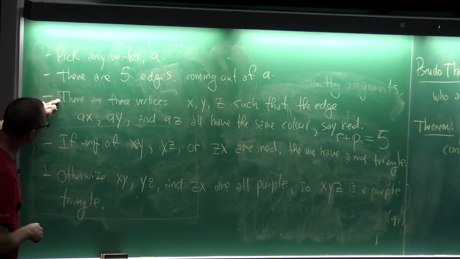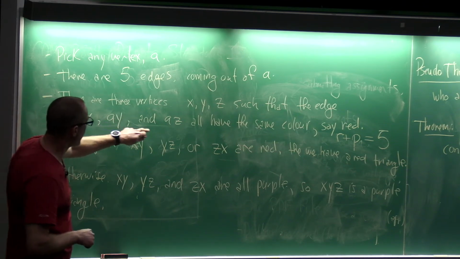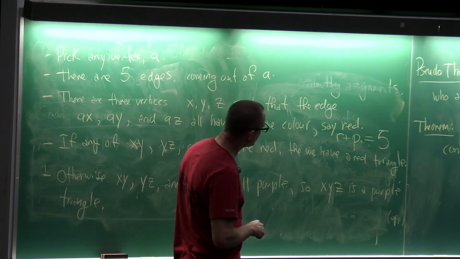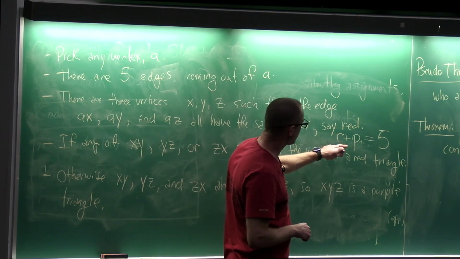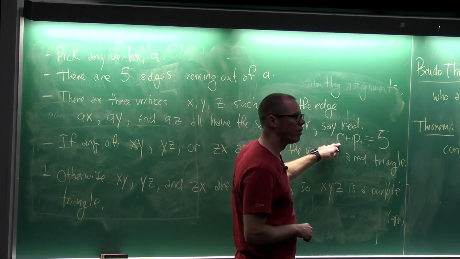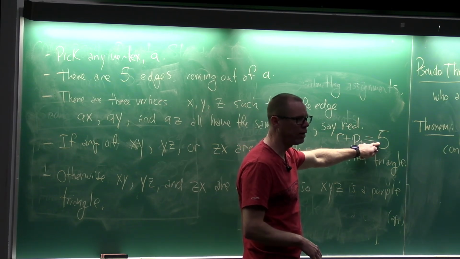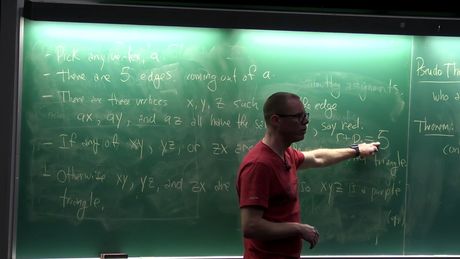All right, the next statement is then, well, there are 3 vertices, X, Y, and Z, such that the edges AX, AY, and AZ all have the same color. Why is that true? Well, that's true because there's 2 different colors, red and purple. Red and purple together add up to 5, so they both can't be smaller than 3. In particular, they both can't be less than or equal to 2.